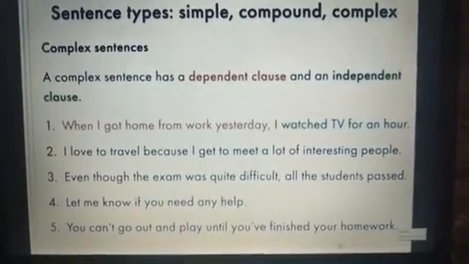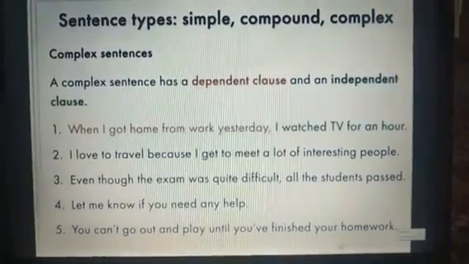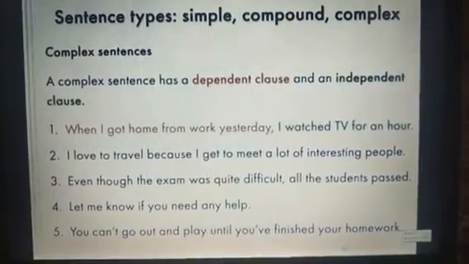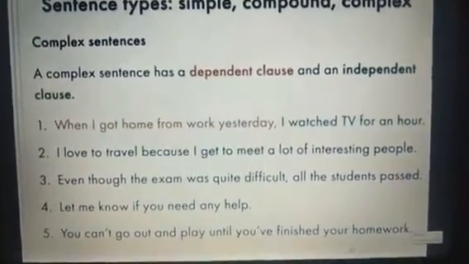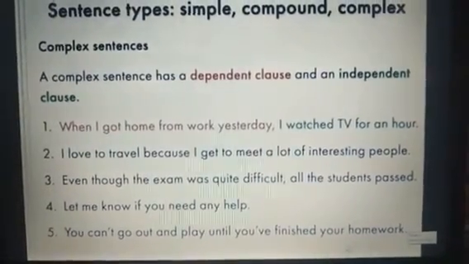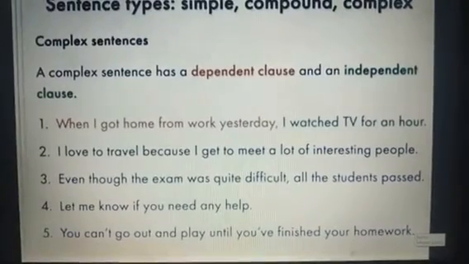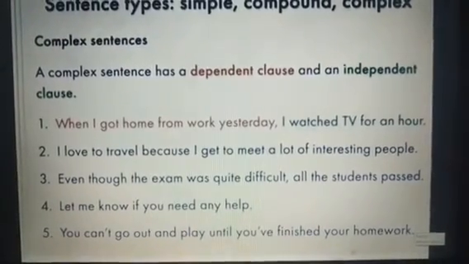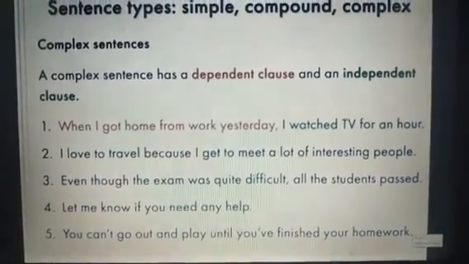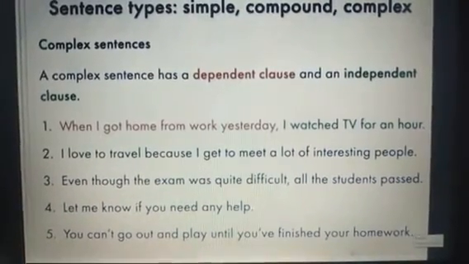Alright, number 3, even though the exam was quite difficult is a dependent clause, and all the students passed is an independent clause. In number 4, let me know is independent, and if you need any help is dependent. And finally number 5, you can't go out and play is the independent clause, and until you have finished your homework is the dependent clause.